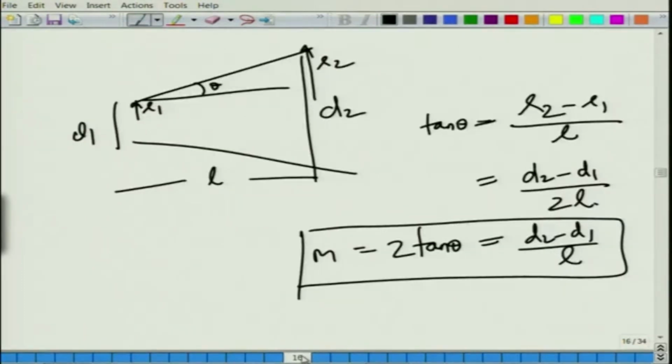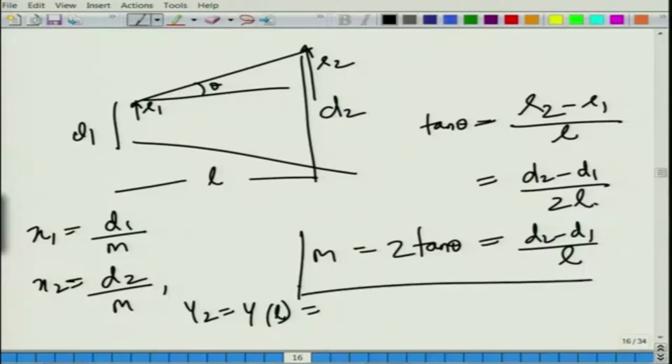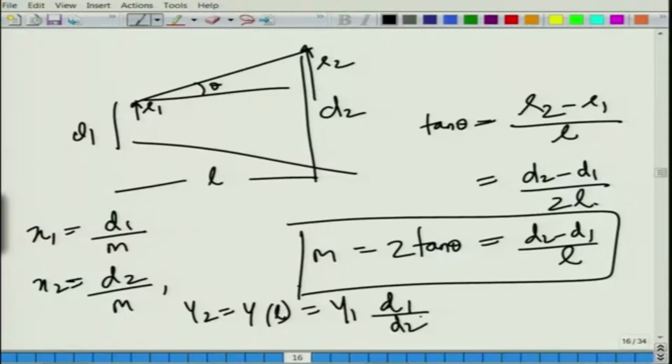When we use these variables rather than x1 and x2, we further make a relation: x1 is equal to d1 by m and x2 is equal to d2 by m, and y2 is equal to y of L is equal to y at 1 into d1 by d2 square.